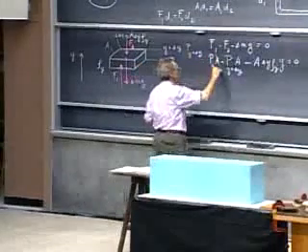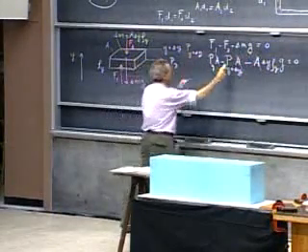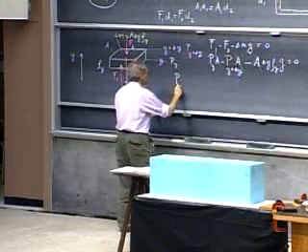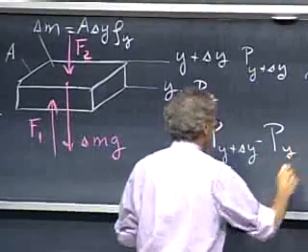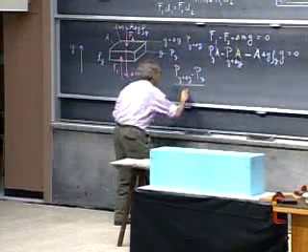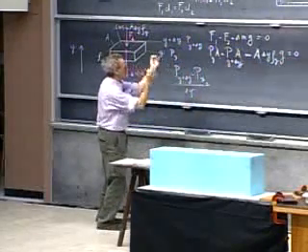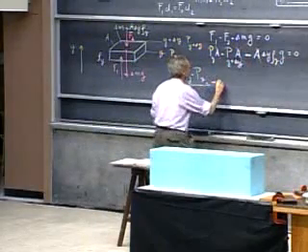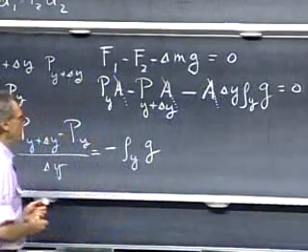Notice I lose my area. I'm going to rearrange this slightly and divide by delta y. And so I get that P at the level y plus delta y minus the pressure at level y, divided by delta y, equals, if I bring this to the other side, minus rho of y times g.